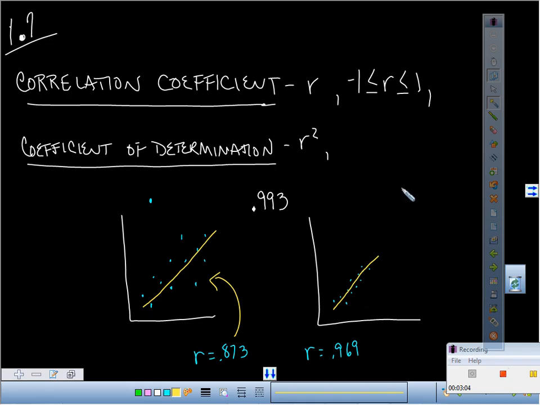So how do I make my calculator tell me what R and R squared are? Put in your data, make a scatterplot, and do a linear regression.